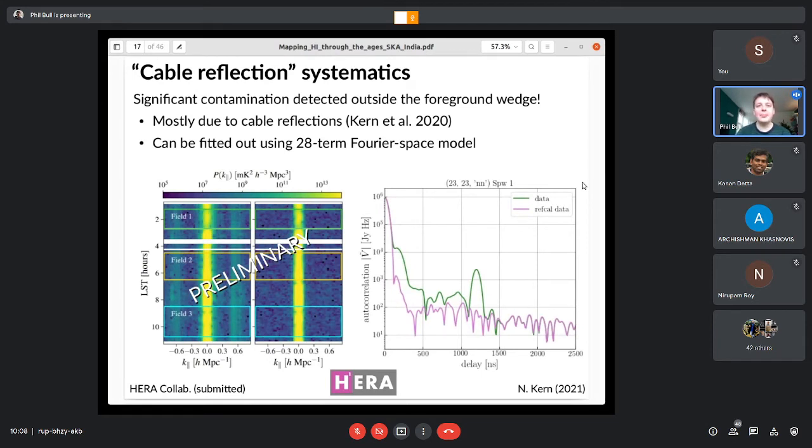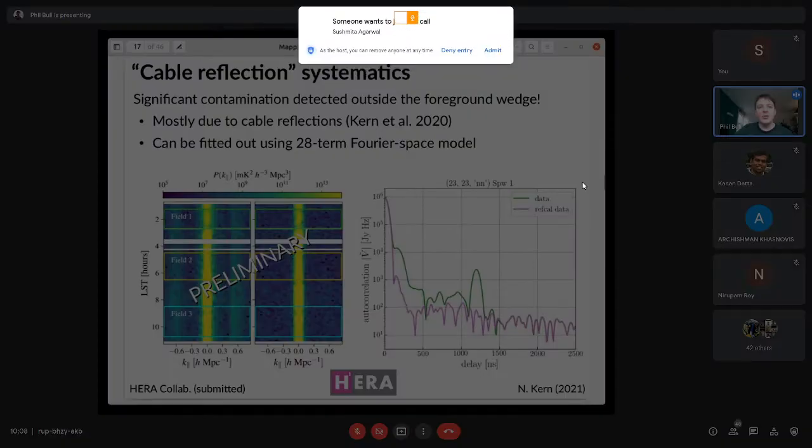I just want to give you an example of this cable reflection systematic. It might be a little bit hard to see here, but along the x-axis, you've got k parallel, so that's your delay mode, the Fourier transform in the frequency direction, and this is a before and after as a function of time, so local sidereal time, which you can translate to RA if you want to.